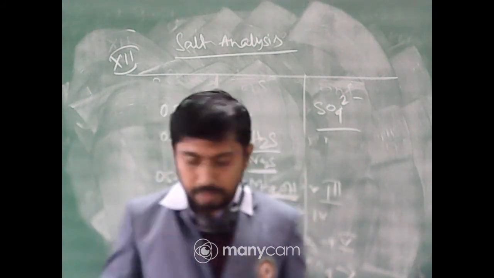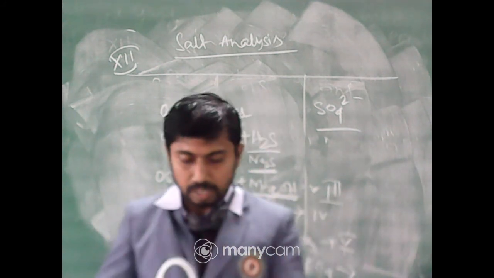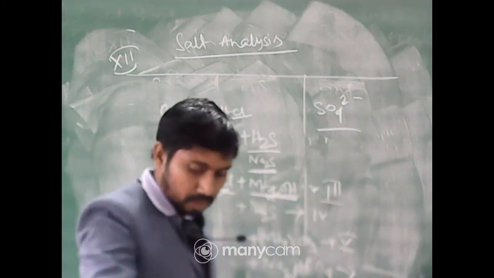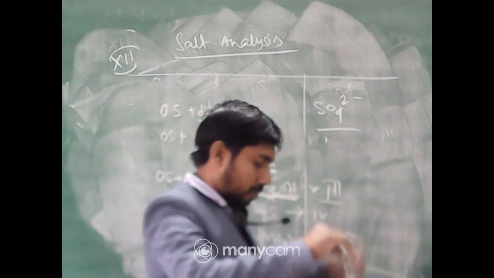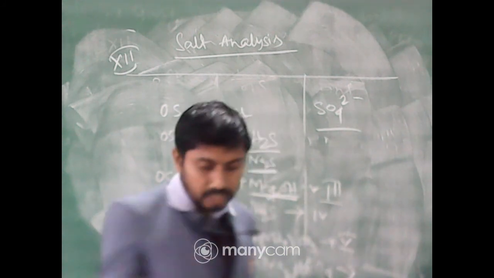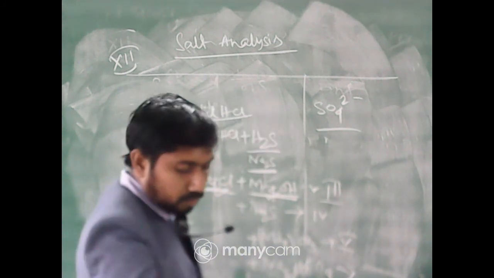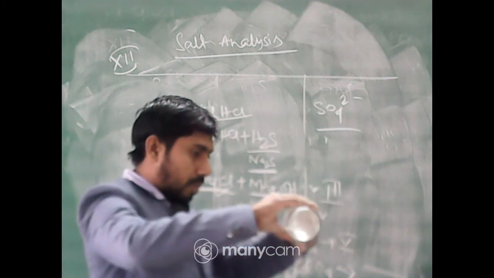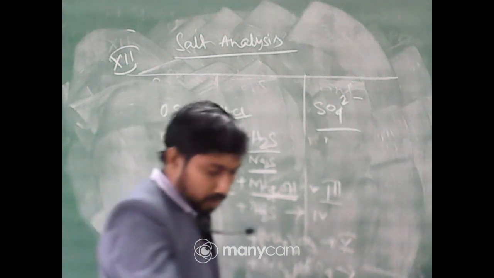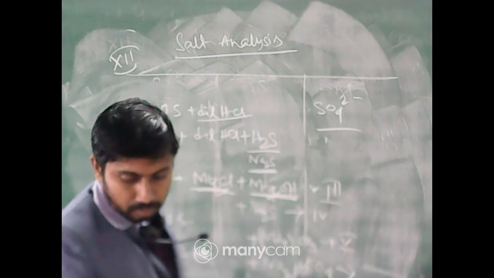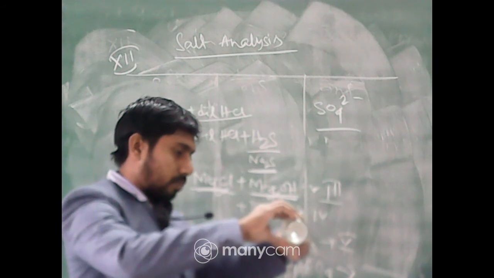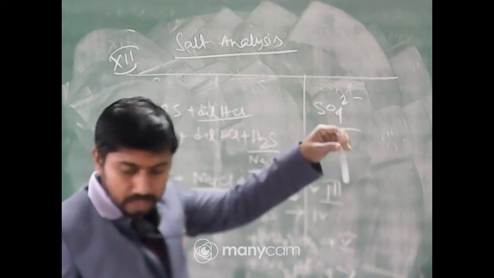Before doing every experiment, you will be supplied 3 or 4 test tubes, so wash them thoroughly and then use them for the next experiment. Okay, so the original solution is taken, then ammonium chloride added, then ammonium hydroxide till no precipitate is there.